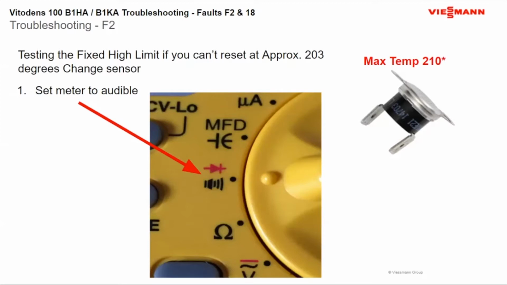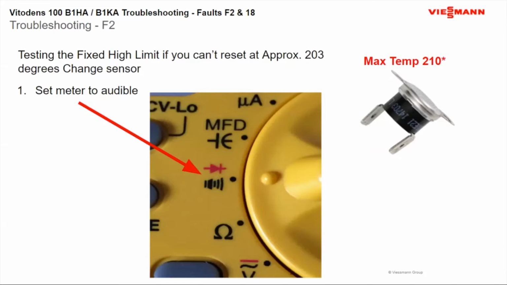To test the sensor itself, this is not a wet well sensor. This is sitting on the surface. The max temperature is 210. The manual states that if you cannot reset the boiler when it's at approximately 203 degrees, replace the sensor.